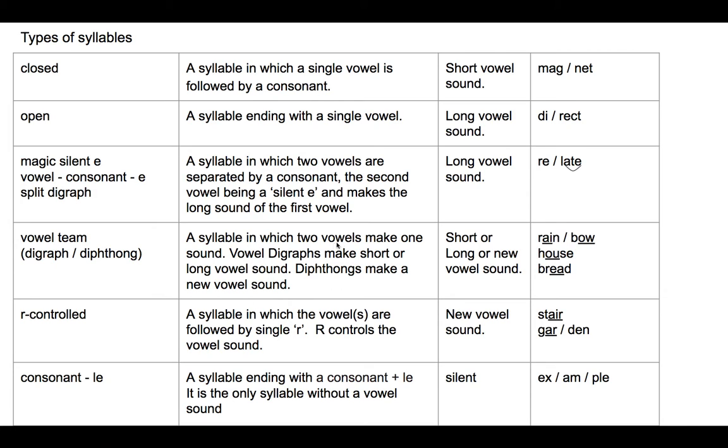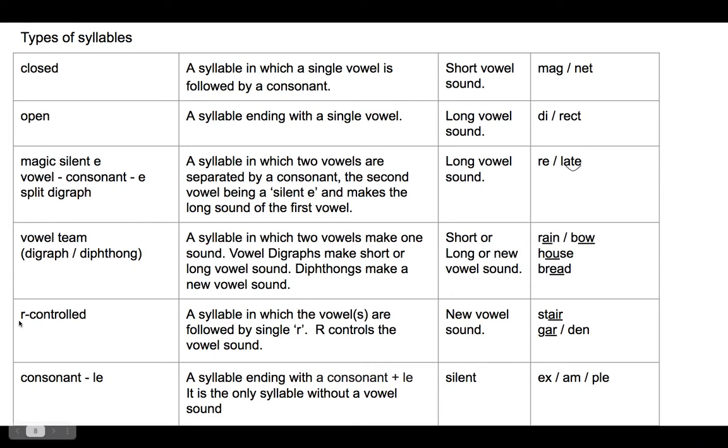And this is a syllable in which two vowels make one sound. For example, rainbow, house, bread. Here the two vowels AI make one sound A, and here the two vowels OU make one sound OW, and here the two vowels EA make one sound E. So here it makes a long sound, here it makes a new vowel sound, and here it makes a short sound.